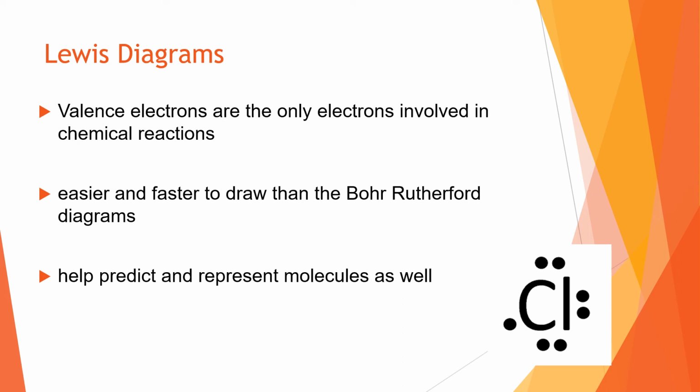So if you were to look for chlorine on the periodic table, you would find chlorine in the 17th group. So that's the second last column from the right. So that represents 7 valence electrons. So that is the shortcut in finding the number of valence electrons for an element and then being able to place them around the symbol in the same way you would have placed them in a Bohr-Rutherford diagram.